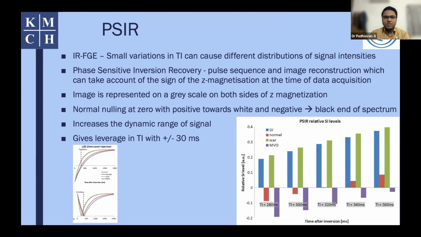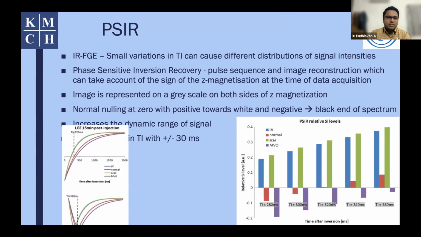So as you saw, this is the recovery of the Z magnetization that happens after the inversion pulse. So a PSIR sequence takes into account both the sign of the Z magnetization, that is, the phase of the Z magnetization also. So it doesn't matter whether it is on the negative side or on the positive side.